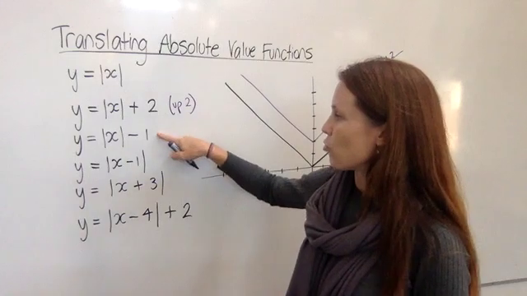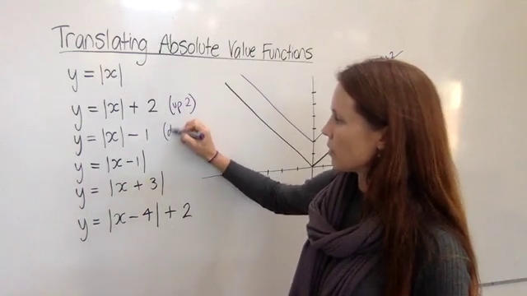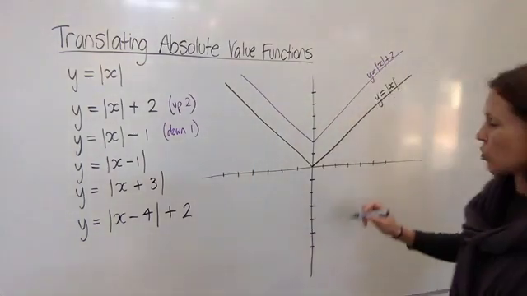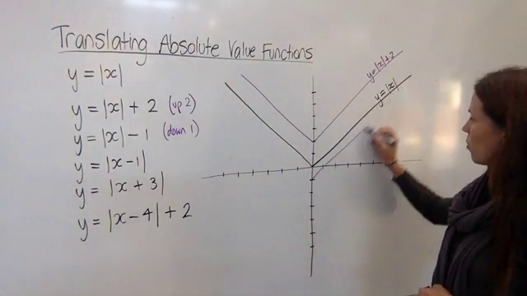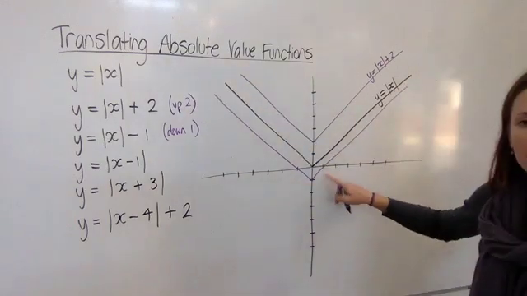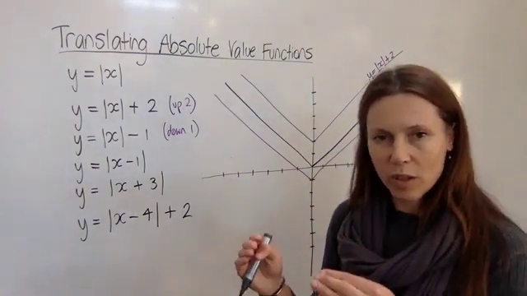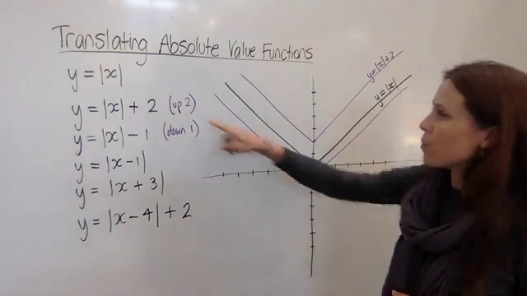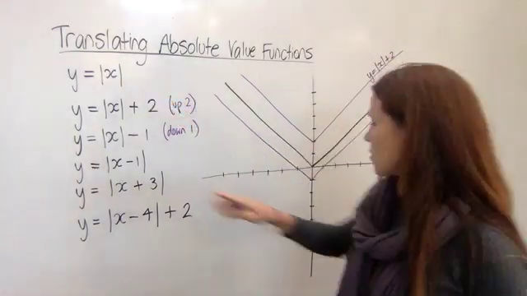Similarly, if we want to drop it down by 1, then tacking that minus 1 onto the end, we'll just drop our graph down 1. Now this is interesting because you might have thought, hold on a minute, didn't you say absolute value functions couldn't go below the x-axis? Well, they can. This basic one couldn't, but this one can.